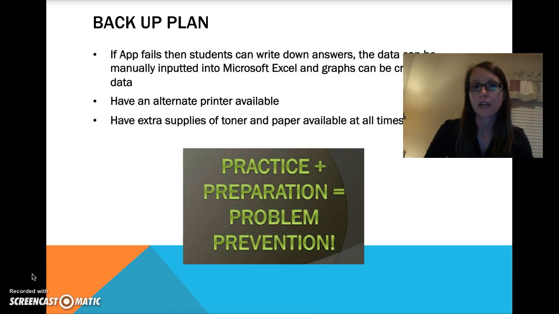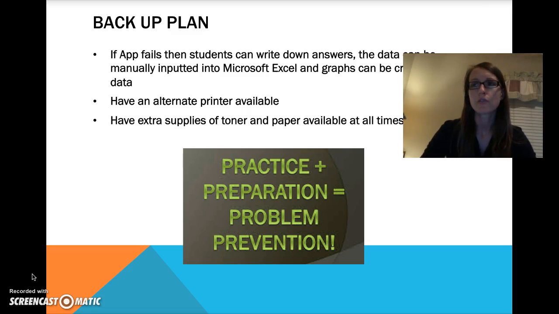So backup plan. If the app fails, then the students can write down the answers, and then you just input that data into Excel, and then a graph can be created on how many got each answer correct. It's tedious. It's kind of like the old-fashioned method, but it is a backup plan, just in case the Plickers is not functional.